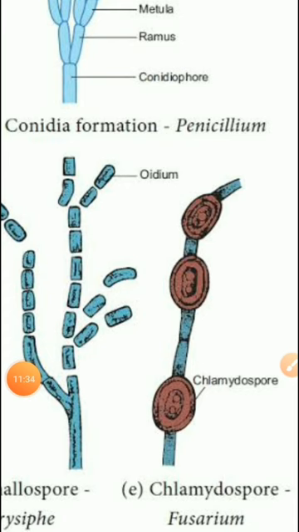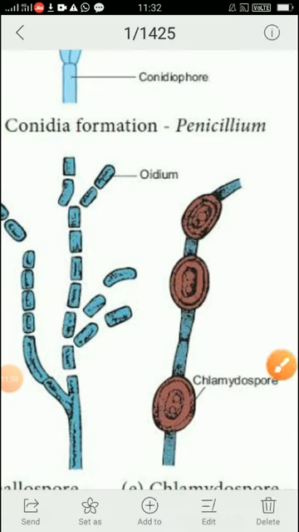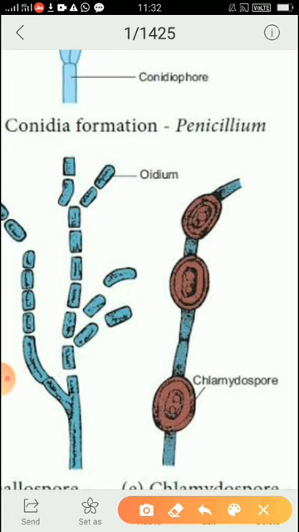Let us discuss more about chlamydospores. Listen, these are resting spores, that means non-motile in nature and having a thick and resistant covering. What is the need of this thick and resistant covering? To survive in unfavorable conditions.